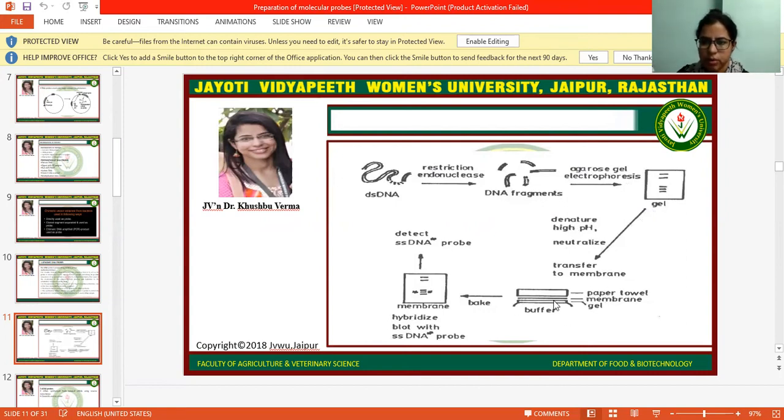This is the paper towel, this is a membrane, and this is a gel, and below it is buffer. We do the baking, and basically the membrane will have these single-stranded DNA, and the blot hybridizes with the single-stranded DNA probes. This is how we can understand this diagrammatic representation.